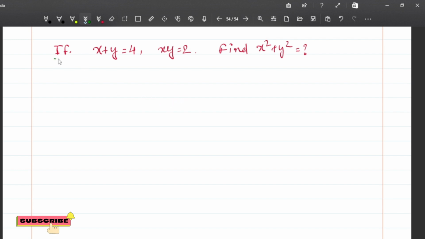Look at this sum. Here x plus y and xy are given and we have to find x square plus y square. So first we do squaring both sides. Students must write these instructions at the right side.